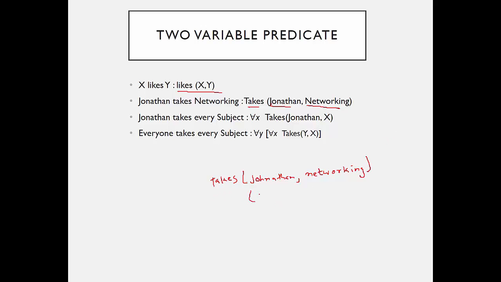Jonathan also takes artificial intelligence. Jonathan also takes wireless sensor networks, and the list goes on and on. Here what we found is that takes Jonathan remains constant. The only thing that's varying here is the subject side.